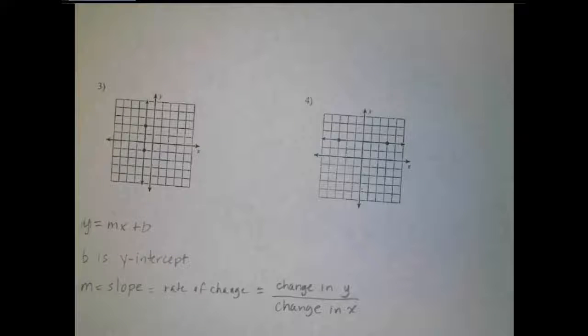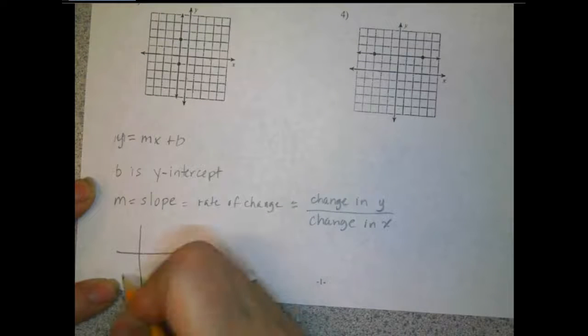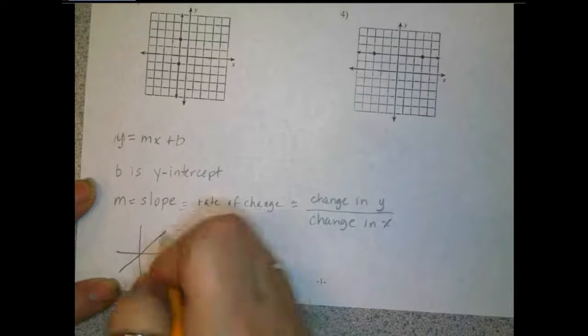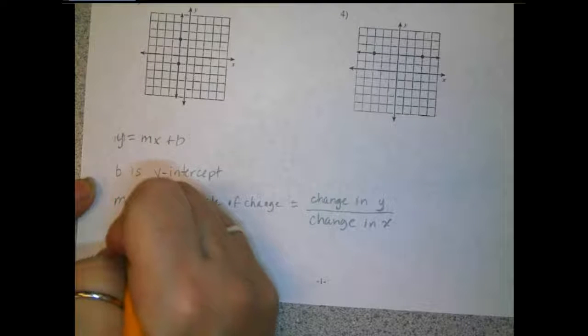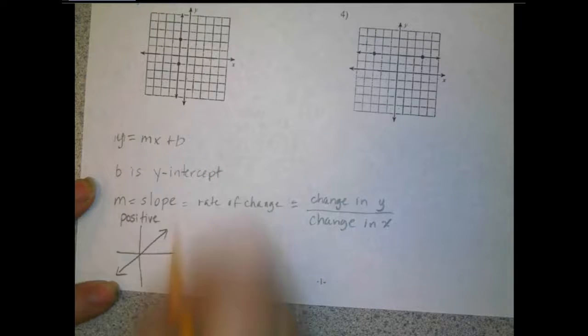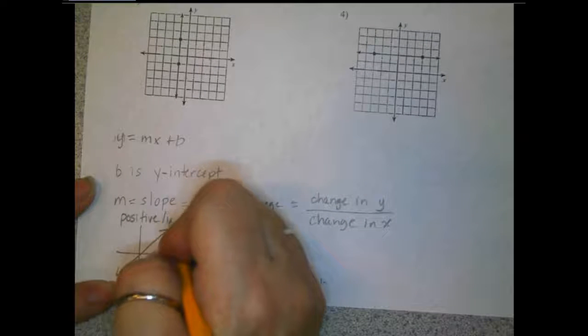So there's a couple different lines that we've talked about. The first one is when we have our graph and our line goes up, right? We call this a positive slope because it's going uphill, and it is increasing.